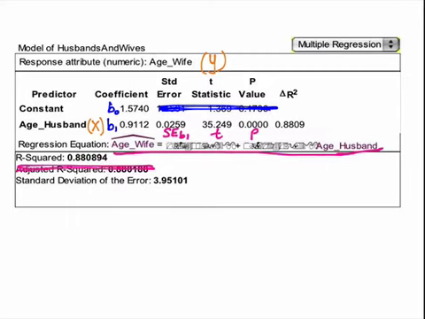Then the equation looks like it got messed up. But down in the bottom, it gives us our r squared value. We're not using the adjusted r squared, but the first one would be our r squared, and then the standard deviation of the errors would be the standard deviation for your residuals.